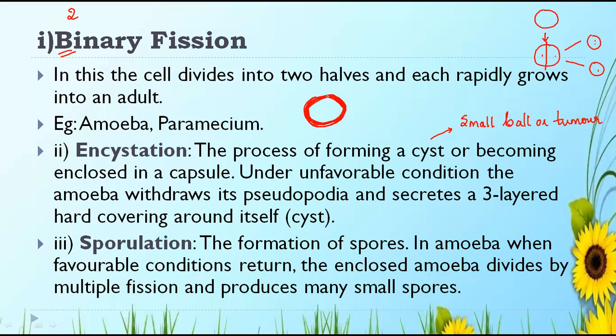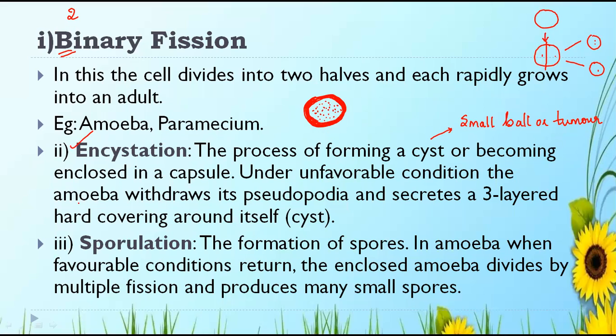Like this, a capsule is formed, a tight covering will be there. So this is nothing but being enclosed in a capsule. This small cyst will be enclosed in this. So why does the encystation take place?